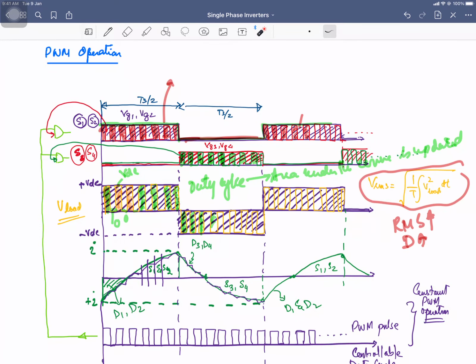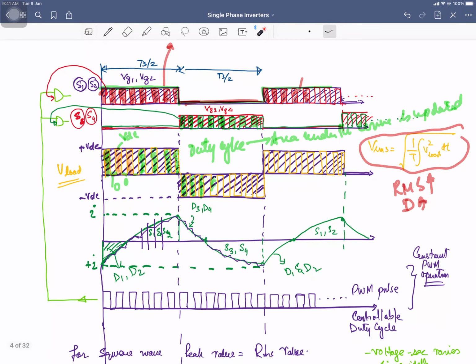Right, so at the moment let's assume that this PWM signal is of high frequency, number one, and the width of the pulse is the same in every cycle. It means the duty cycle is fixed.